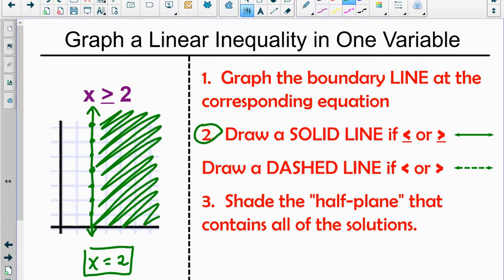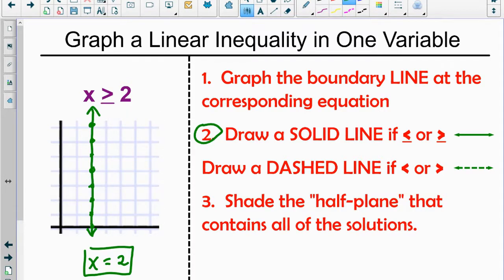Now, it's not just the ordered pairs that have x-coordinates of whole numbers like 2, 3, 4, 5, 6, 7, and 8. But what about x-coordinates like, let's say, 4.5?